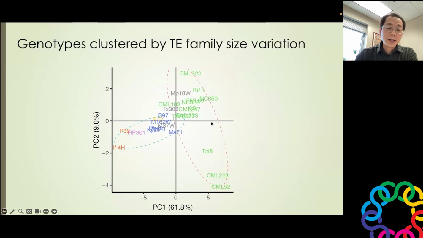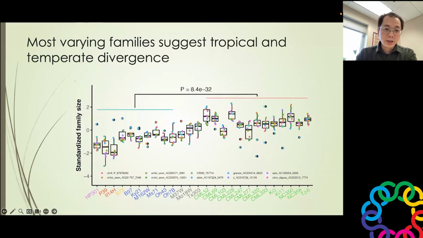So that suggests some divergence between tropical and temperate maize genomes. So we further identify those families with the highest variation in family size, and then put them into the context of temperate and tropical genomes. And we found out those highly varying families are generally larger in tropical maize genomes.